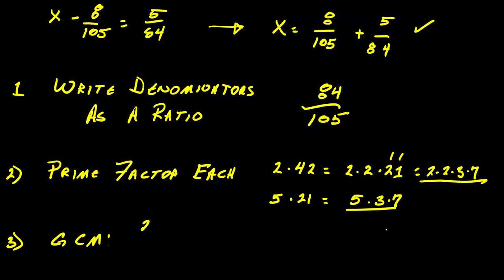So we had 2 times 2 times 3 times 7 over 5 times 3 times 7. The only thing that's common to both the numerator and the denominator are these two numbers.